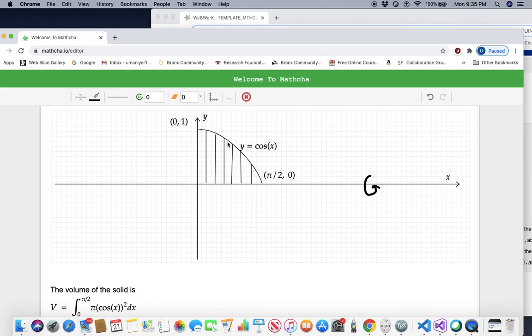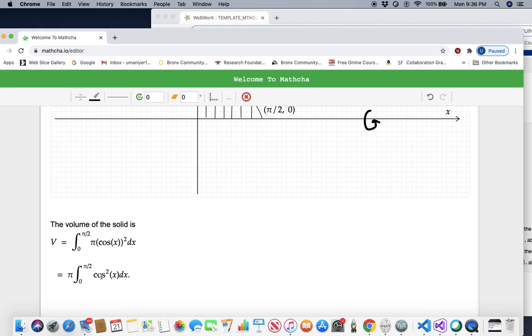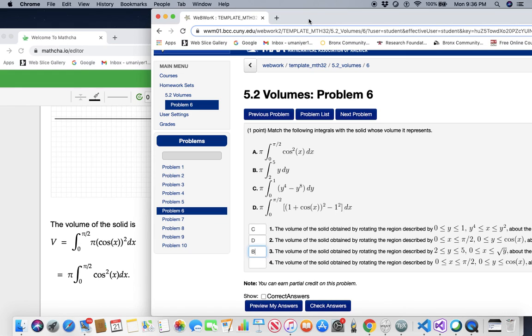Each cross section is a circle with radius the y coordinate, which is simply cosine x. So pi cosine squared x, integral 0 to pi by 2. So the last one is an A.